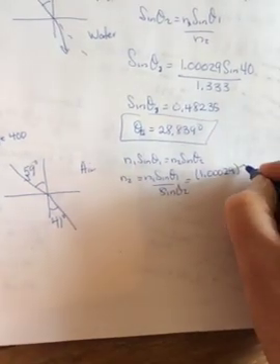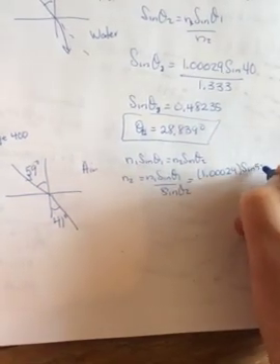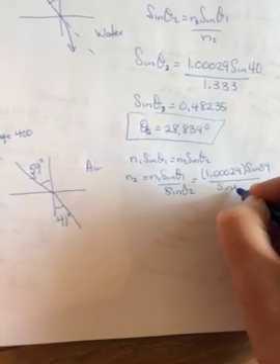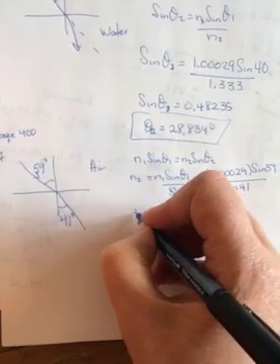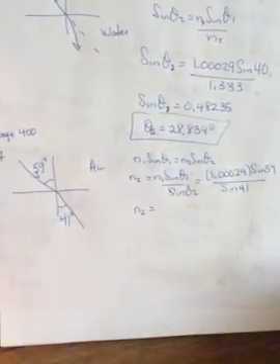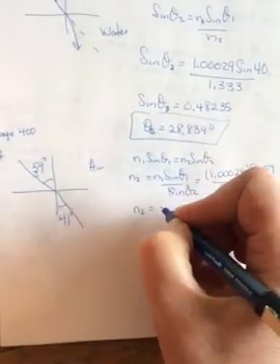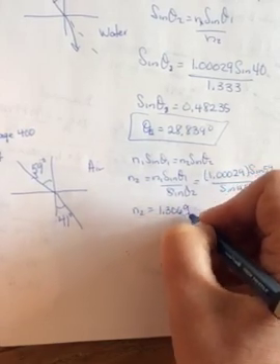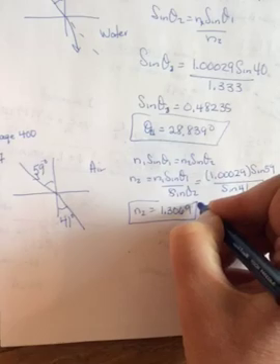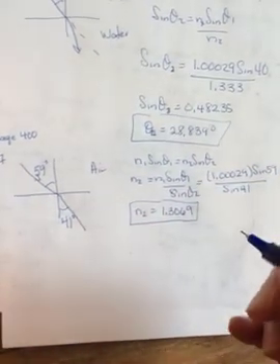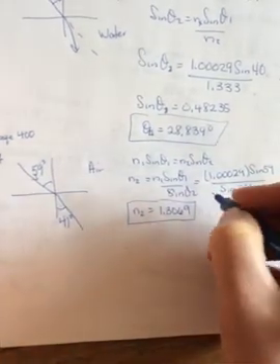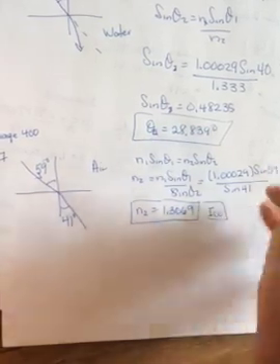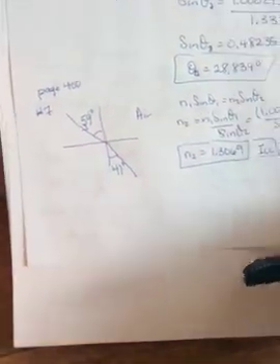Sine of theta 1 is sine of 59 divided by the sine of theta 2, which is the sine of 41. Punch this in your calculator, and when you do, you should get an N of 1.3069. And then you go back to that page 397, and you look at the chart, and you see that it is ice. Okay? That's number 7.